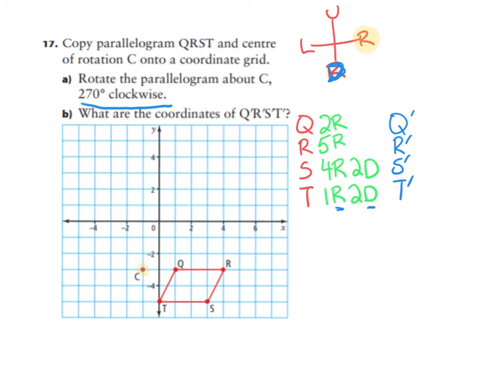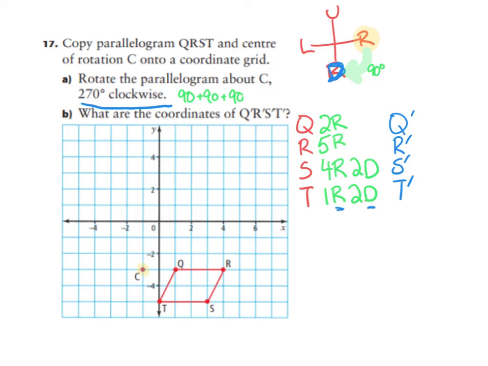So if I originally was right, so for example, Q originally was 2 steps right, then I need to go 270 degrees clockwise. So clockwise means in the same direction as a regular clock. So from the right, I'm going to take a step this way. This is only 90 degrees, so I have to keep going. If I have 270, 270 is 90 plus 90 plus 90.